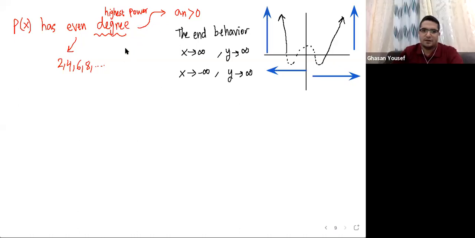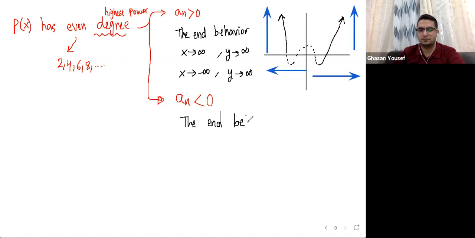Okay. Now, this is for positive a_n. Now, when a_n is negative, so a_n less than 0, the end behavior for this, when x goes to infinity, when x goes to minus infinity: when x goes to infinity, the y goes to minus infinity.